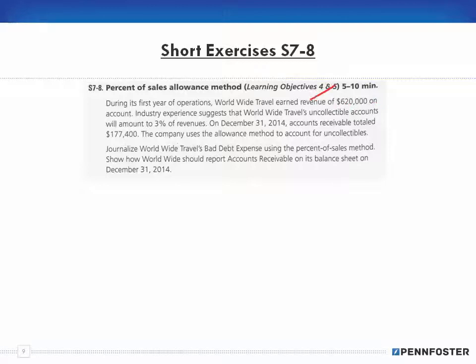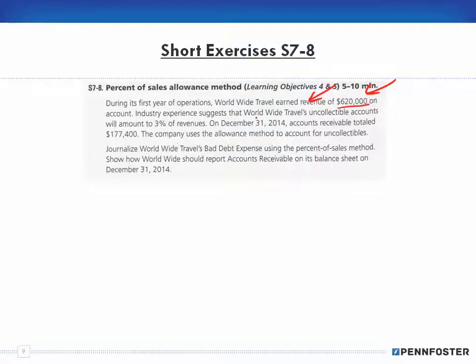So that's earning revenue, right? That's our sales revenue. And since we're working with a percentage of sales, the $620,000, and it's on account, obviously we're writing off our debt, so it's our credit sales. So that's $620,000 on account.